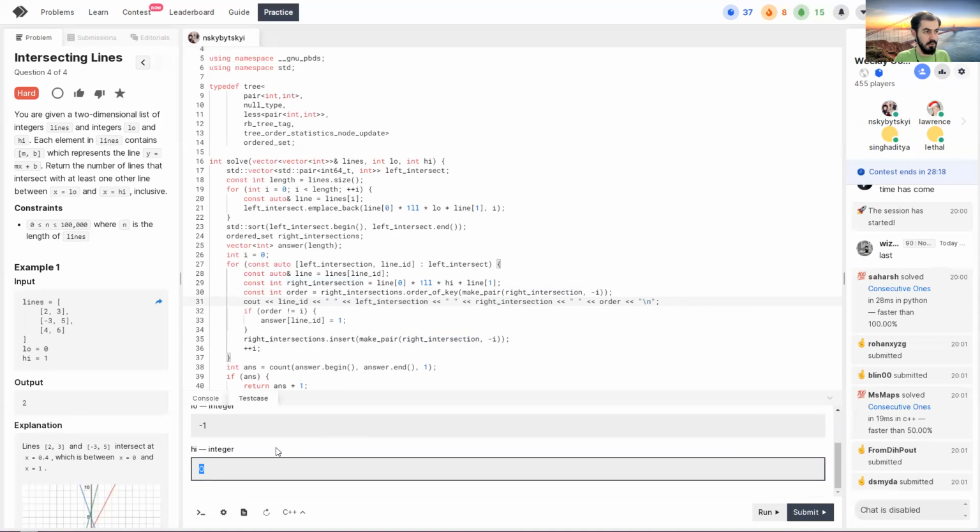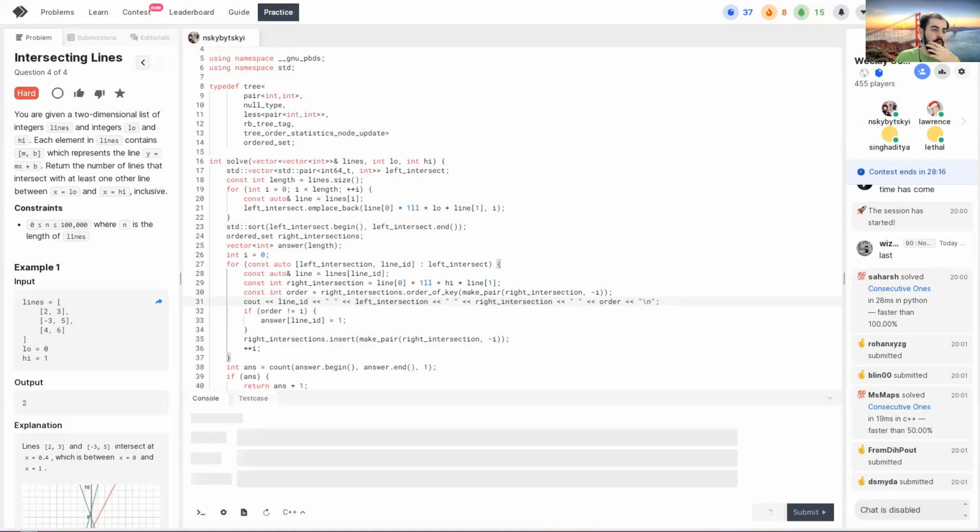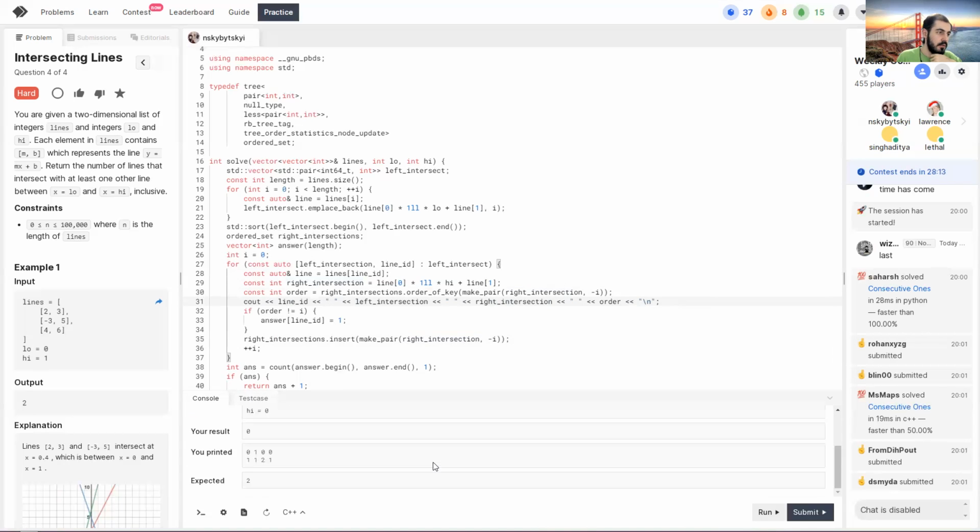We are using literally the smartest data structure possible. This goes from 1 to 0, and this goes from 1 to 2. We are not counting them.